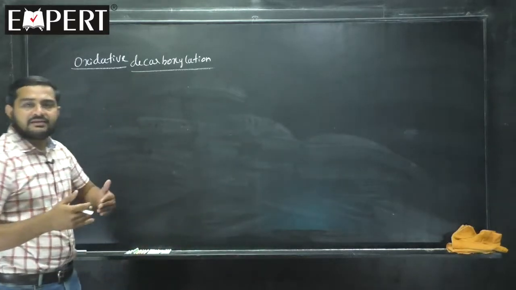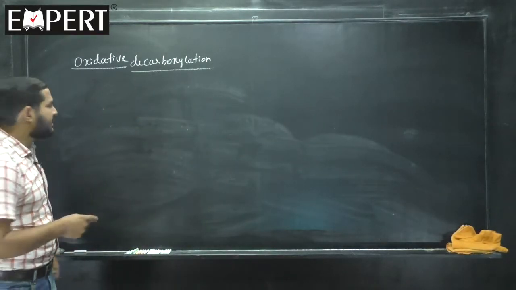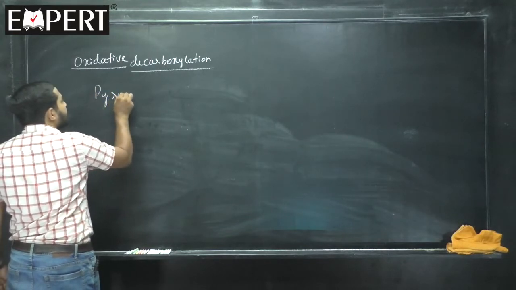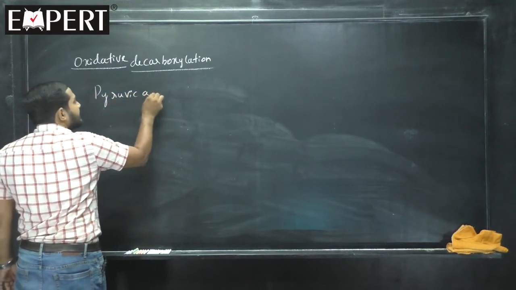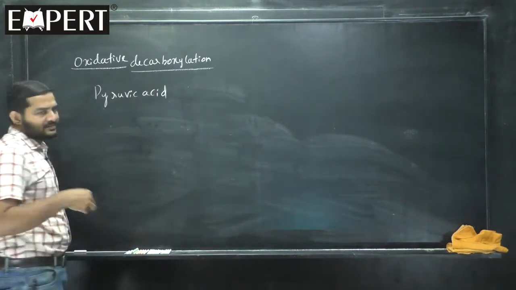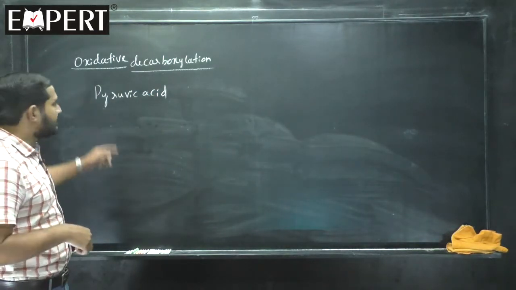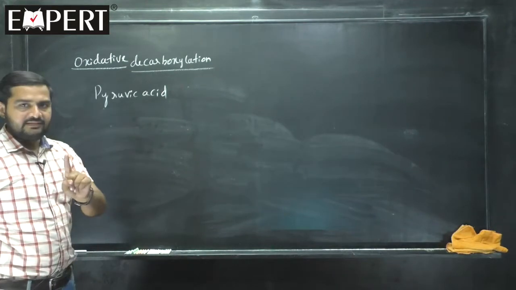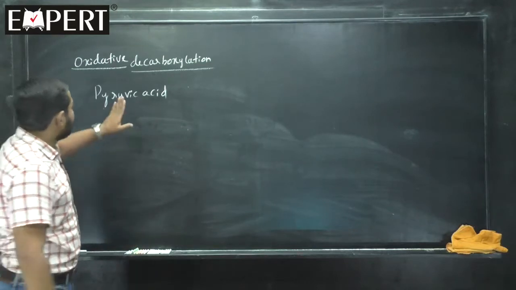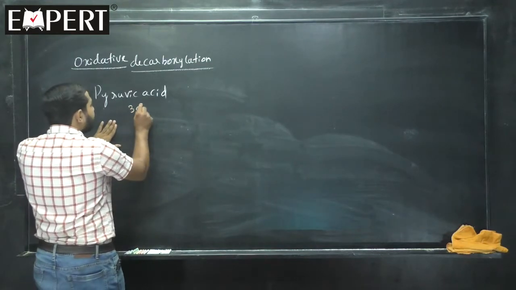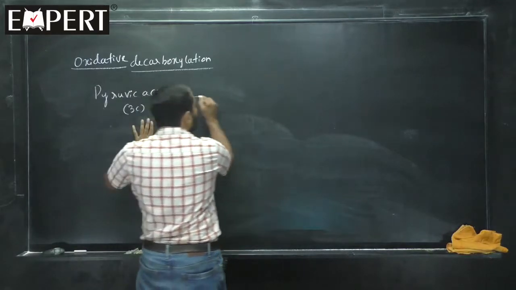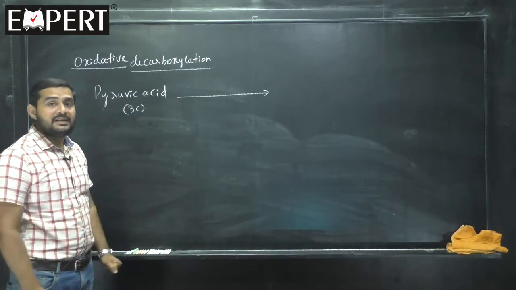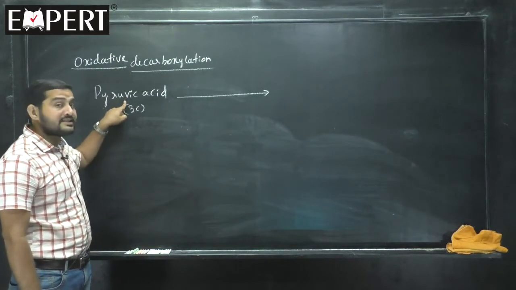What is the chemical with which this starts? It is pyruvic acid. We can write pyruvic acid as pyruvate also. Students, now how many pyruvic acids are there? 2 are there. I will be taking 1, and the same is for the other one also. A pyruvic acid having 3 carbons undergoes oxidative, meaning it is going to undergo oxidation.